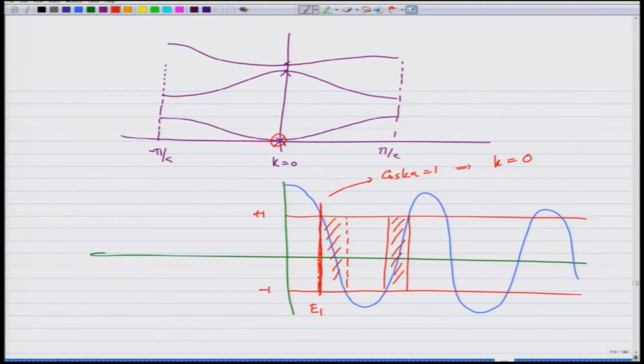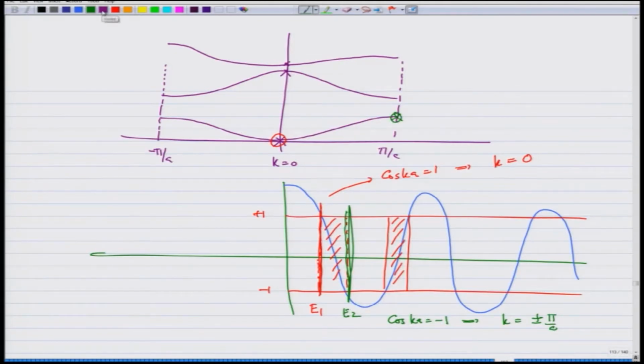Then the maximum of the energy exists at E2, shown by the green vertical line, and at E2 cosine of k a is equal to -1. So, this implies k is equal to plus or minus pi by a, and that is where you see this maximum right here, shown by green.